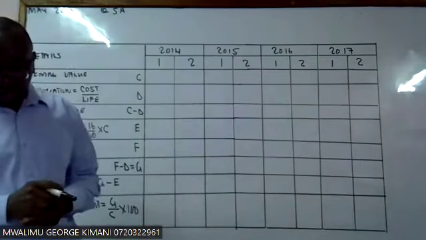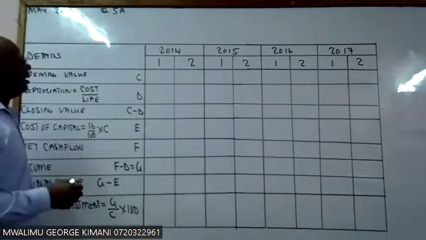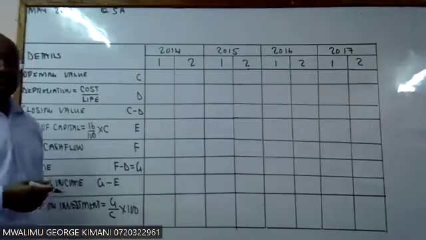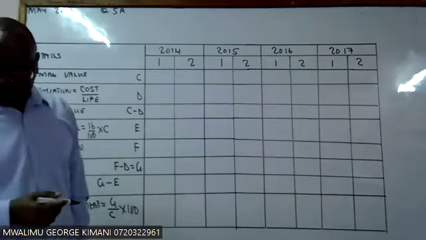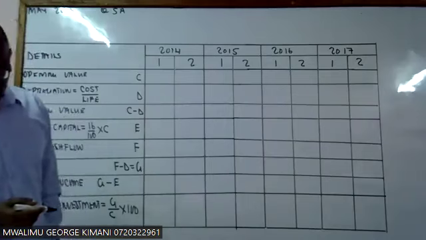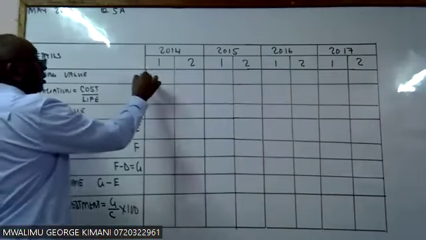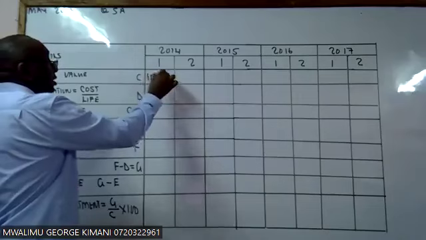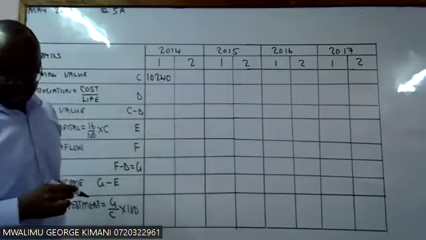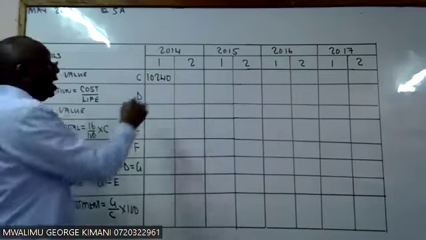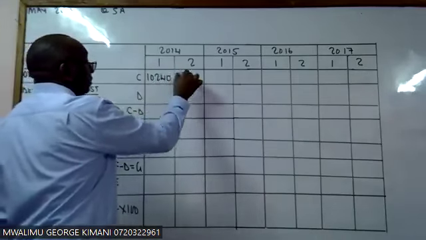So we can have our figures in thousands. For project one, the initial cost is 10,240, and for project two it is 8320.